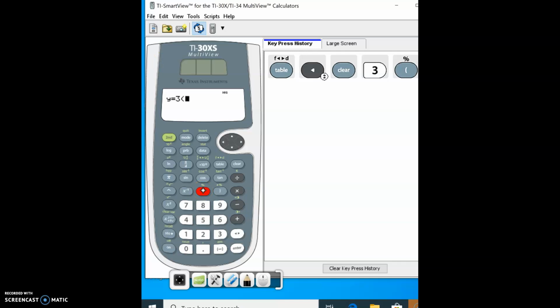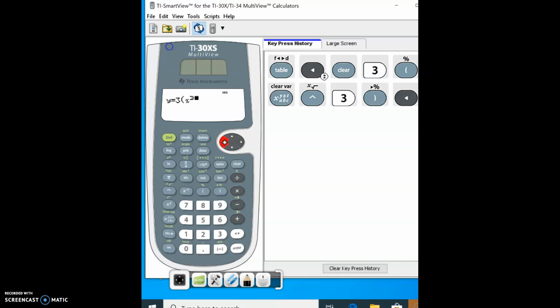Now if you go over here, this is the variable button, so I'm going to hit that. It's going to give me the x, okay? And then I want to raise that to the 3rd power. So I'm going to take that to the 3rd power.